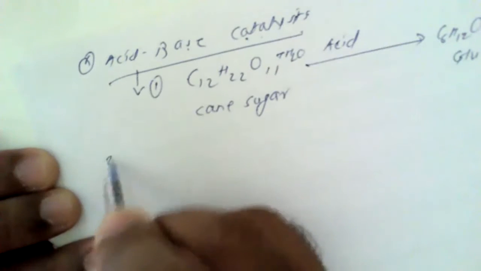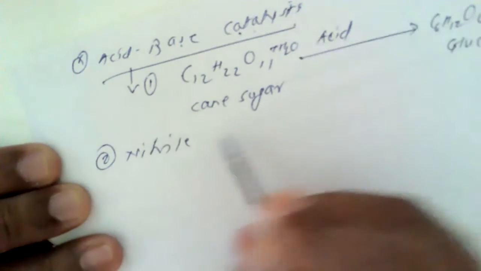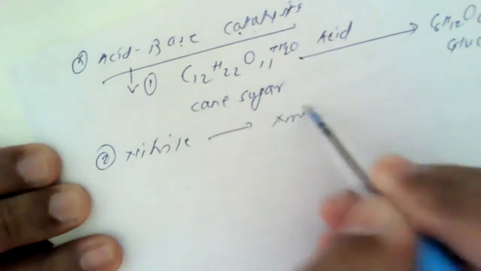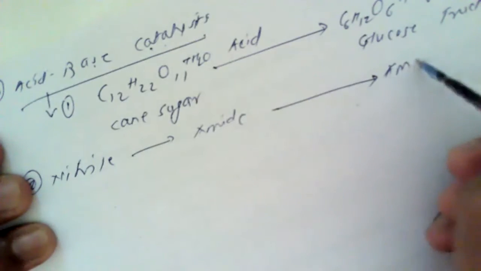Another reaction, this is the first reaction, and the second reaction is the conversion of nitrile into amide and the conversion of amide into ammonium salt.